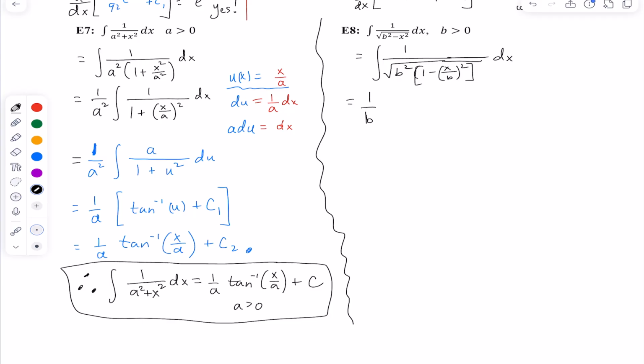So 1 over b is a constant. Once again, we could spot a function living inside another function. It makes sense to attempt this U-sub.